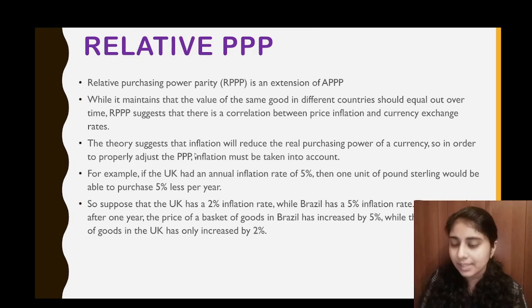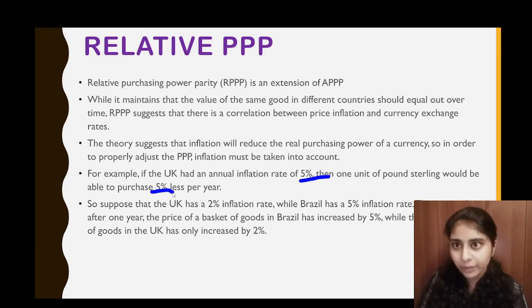The theory suggests that inflation will reduce the real purchasing power of a currency. So in order to properly adjust the purchasing power parity, inflation must be taken into account. Okay. For example, if UK had an annual inflation of 5%, then 1 unit of pound sterling would be able to purchase 5% less per year.